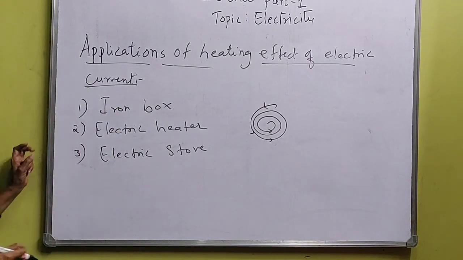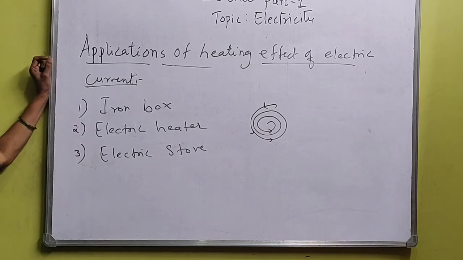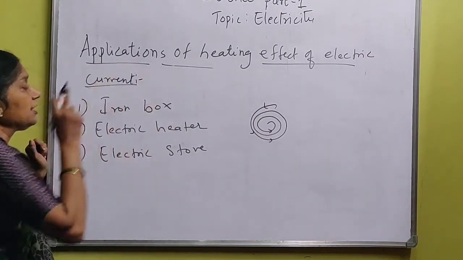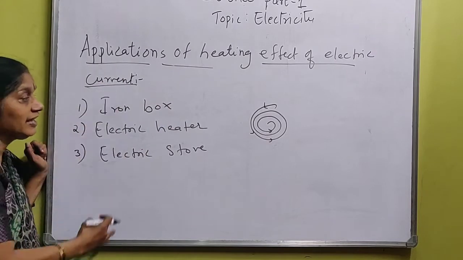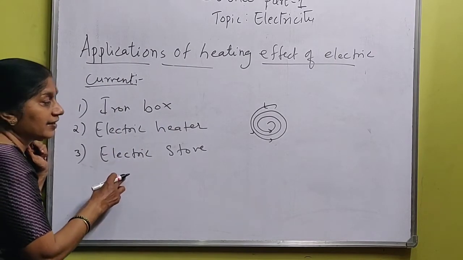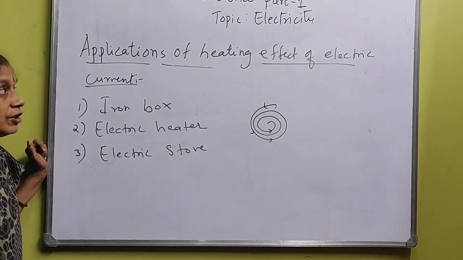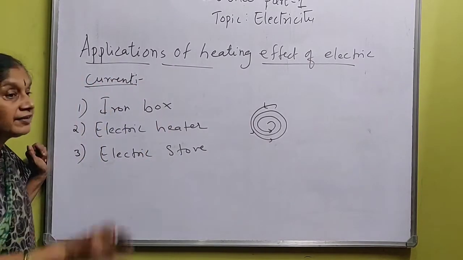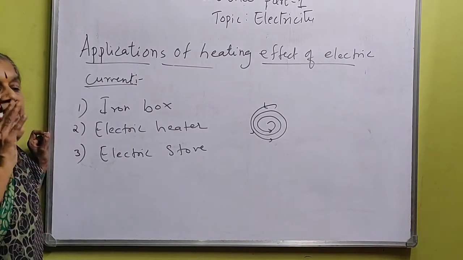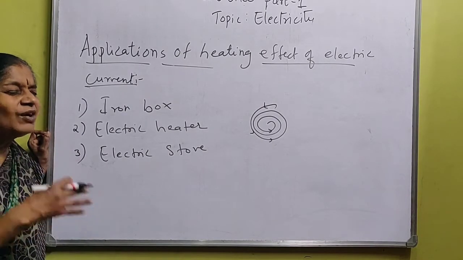So these are the applications or devices. Some more devices are also there which you have to find out, which work on the heating effect of electric current. But these are the three main devices: iron box, electric heater and electric stove. Even in industries, the heating effect of electric current is used. Big boilers are used to heat the water.